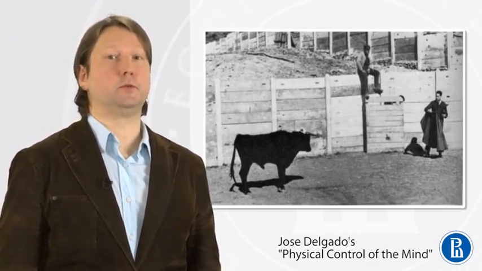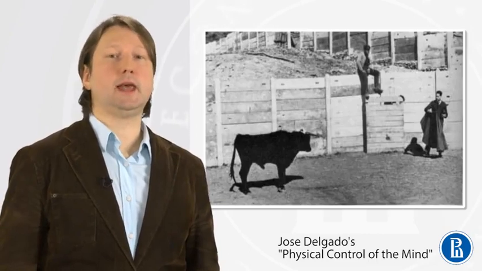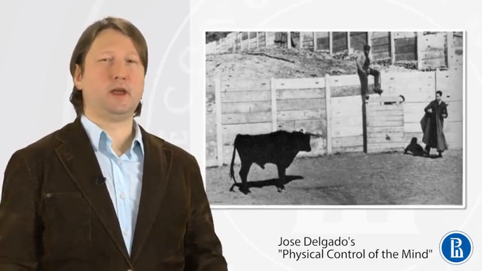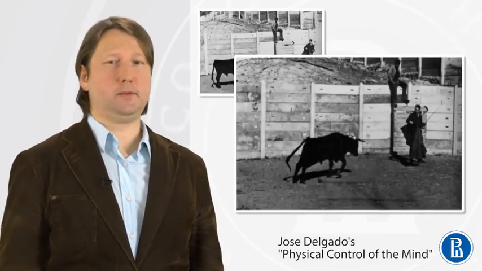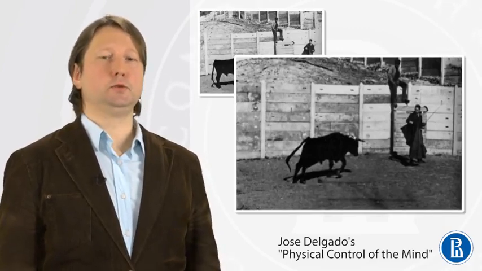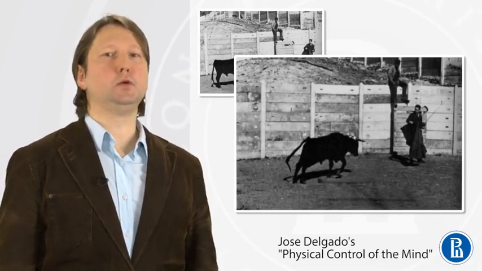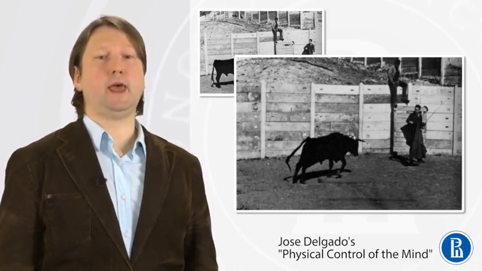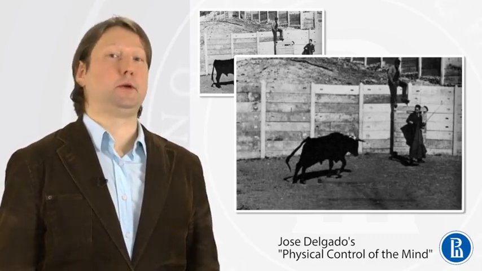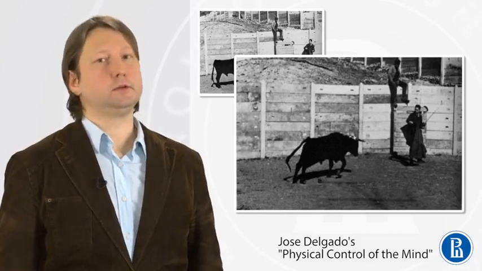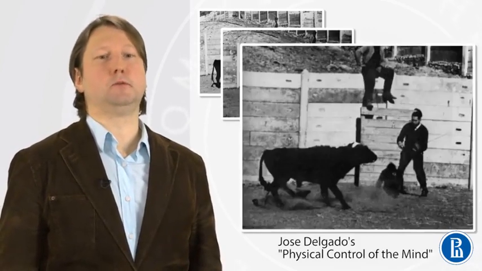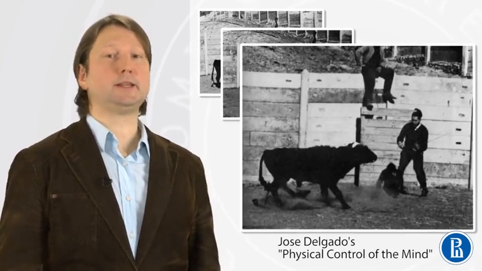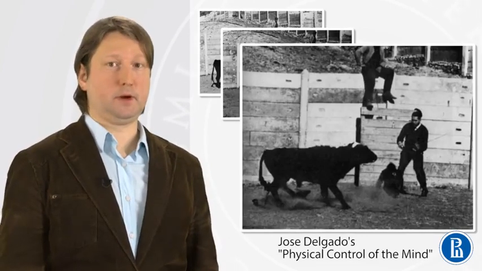If you are interested in the very rich history of these stimulation studies, you can read the books of José Delgado, who conducted various impressive studies. For example, in one study, he used a remote control to stimulate the brain of a bull. As you see here, this bull attacks, but the remote control allowed the scientists to stop the bull using electrical stimulation of a specific brain area.